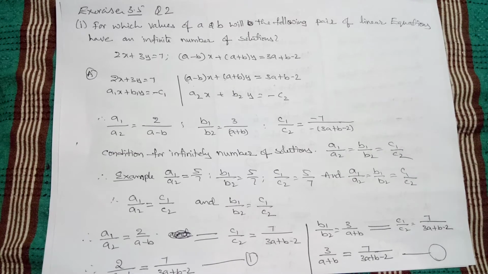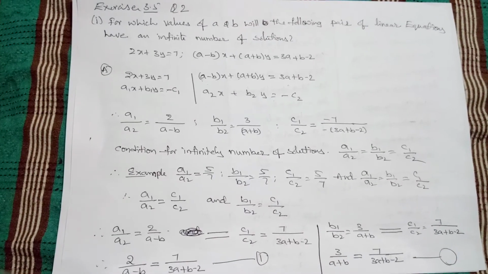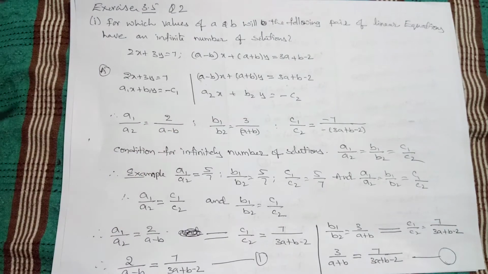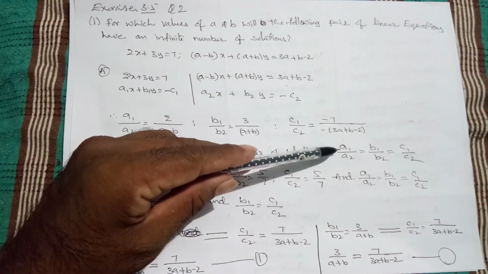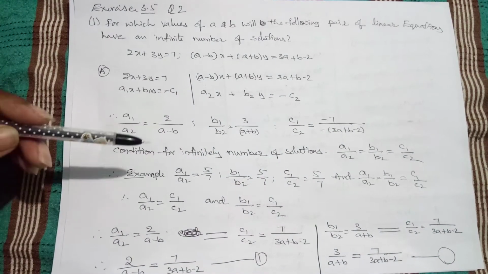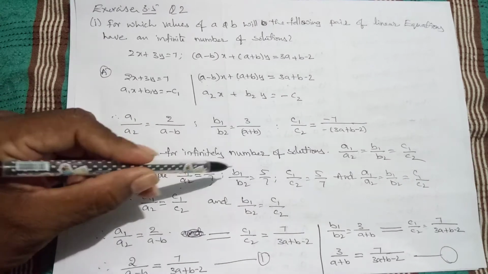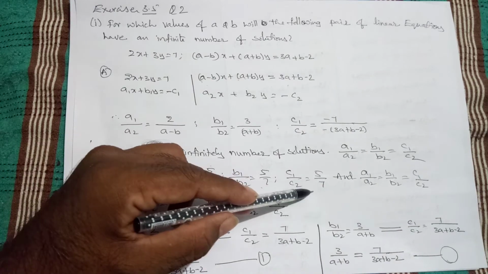Now here we have a1 by a2, b1 by b2 and c1 by c2. What is the condition? The three ratios are equal. For example, a1 by a2 is equal to 5 by 7, b1 by b2 is equal to 5 by 7, c1 by c2 is equal to 5 by 7.